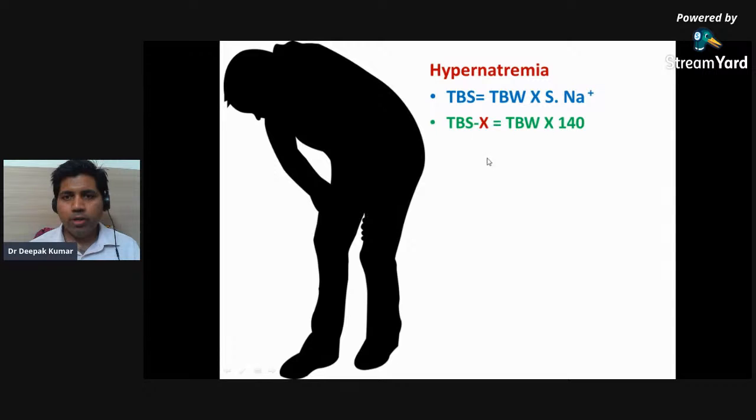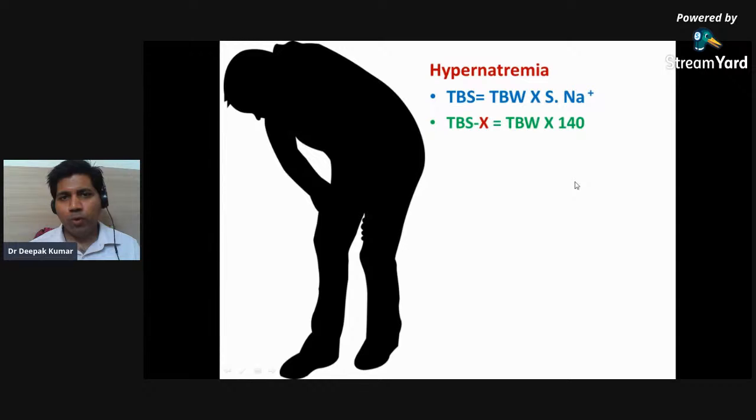When he was normal, his serum sodium would be 140, and total body water will be the same. Remember the assumption. Currently he has high total body sodium, so it would have been X values less than the current existing value. So total body sodium when he was normal would be the total body sodium that he currently has minus X, which he has now recently gained in hypernatremia, equal to total body water into 140.